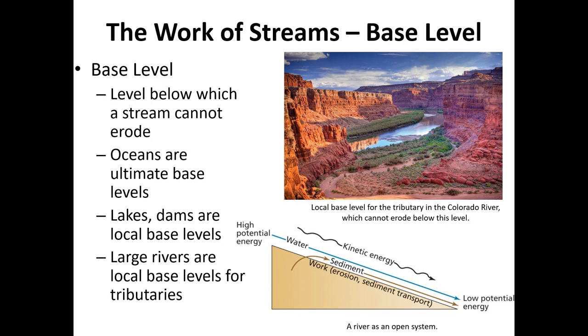And then when that rain moves down, that's considered kinetic energy, the movement. You can imagine if you pull back on a bow and arrow and hold it there, it has a lot of potential energy. Then when you release the arrow, that would be kinetic energy. So it works the same with water.